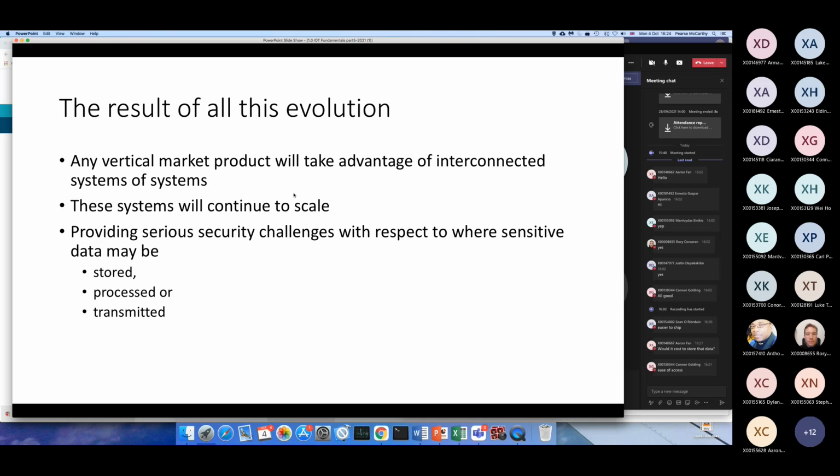Anyway, so the result of all this is, what does this sentence actually mean? Any vertical market product will take advantage of interconnected systems of systems. Whoa, what a mouthful. What does that actually mean, right? What it means is you can sell a product in a certain market, a vertical, right? Like a TV or like a router.